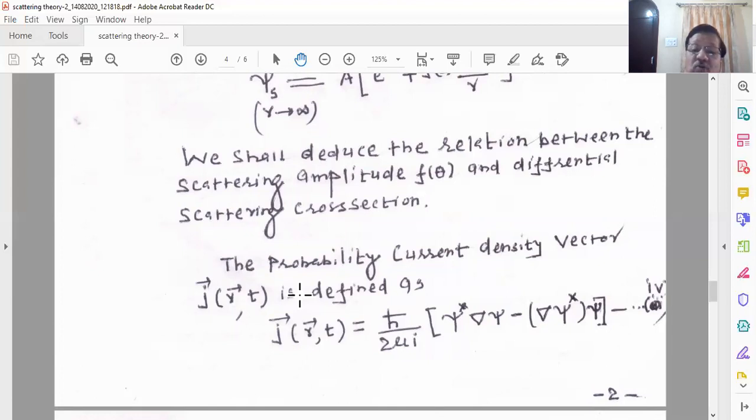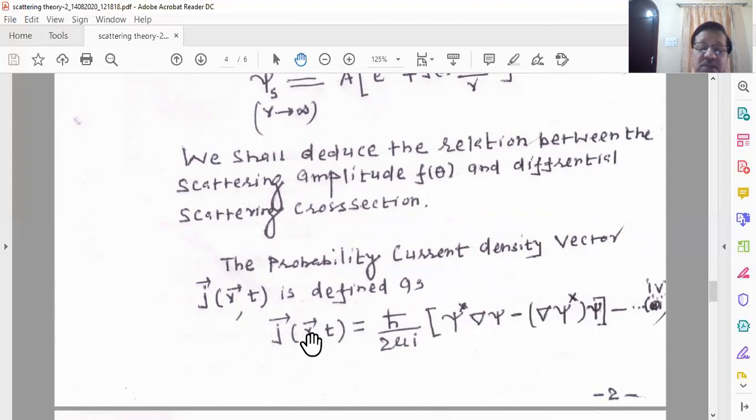So you have to find the current density vector because of the stream of incident particles as well as the scattered particles. The general expression is that the current density vector J, a function of r and t, is given by h cross, the reduced Planck constant, divided by 2 mu i, times the bracket psi star gradient of psi minus gradient of psi star psi.